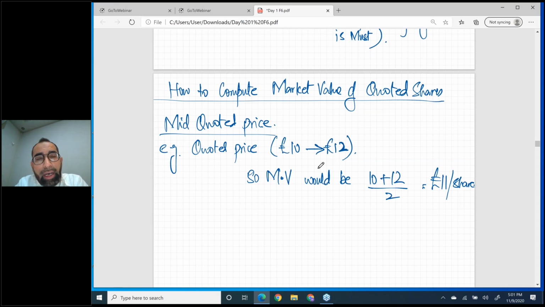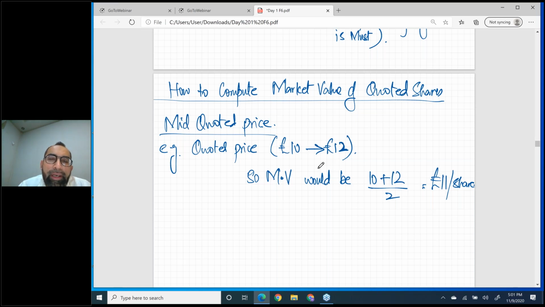How to calculate the market value of those quoted company shares? Listen, it is very simple. It's just the mid quoted price. You will be given the lowest and highest quoted price, and you just have to calculate the mid value. For example, on my screen you can see 10 is the lowest and 12 is the highest.